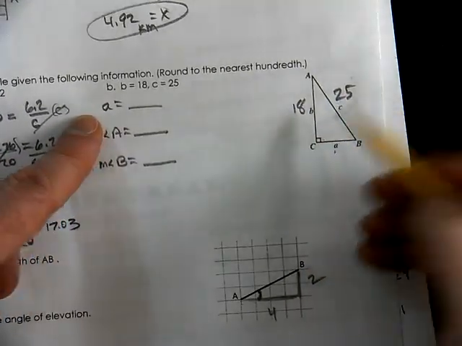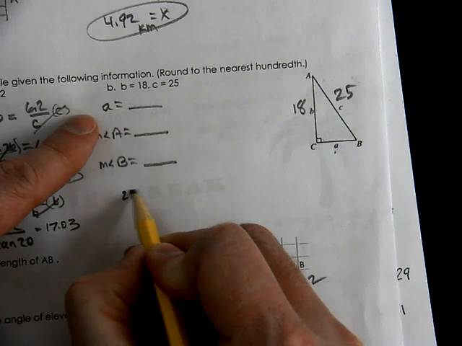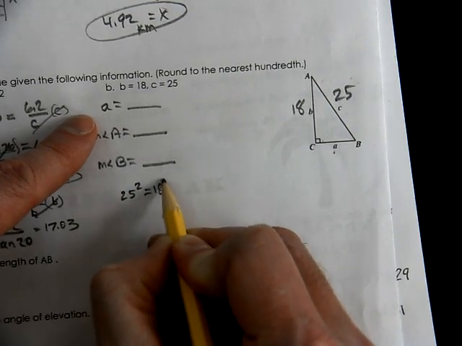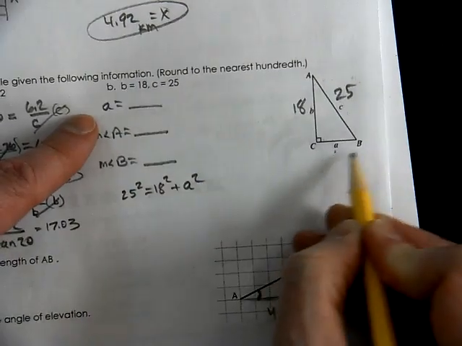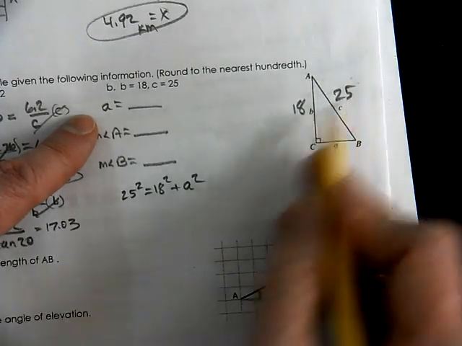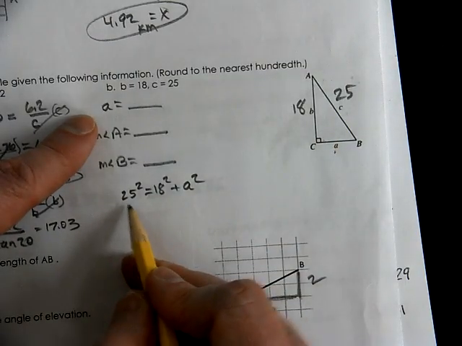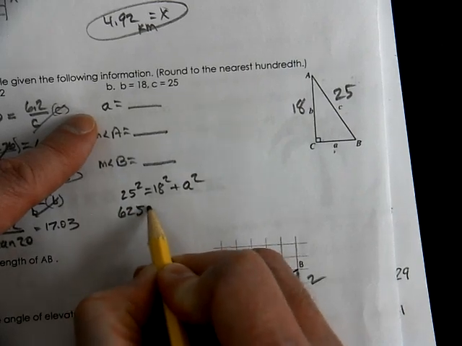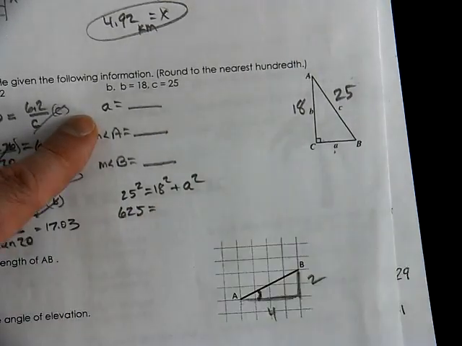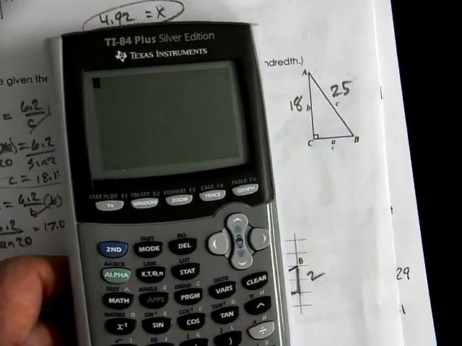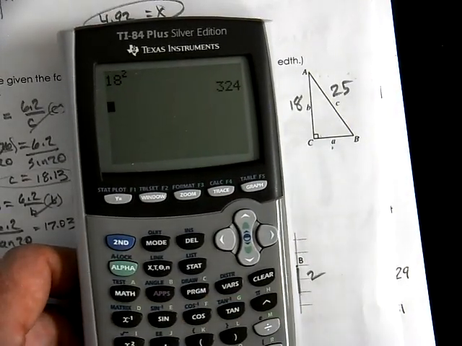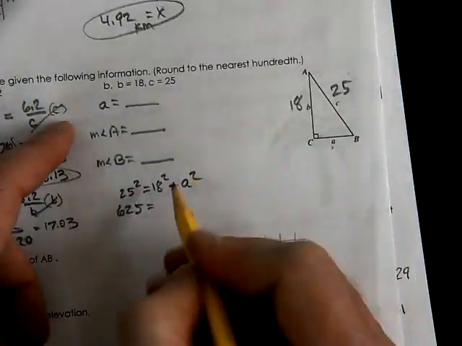So we could do the Pythagorean theorem, which would be 25 squared equals 18 squared plus our unknown squared. Pythagorean theorem, hypotenuse goes first. So that's 625. 18 and 18. I don't want to say it wrong. 324.